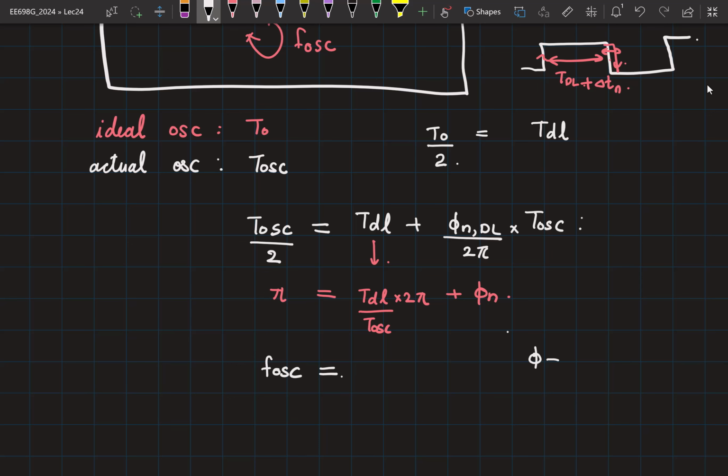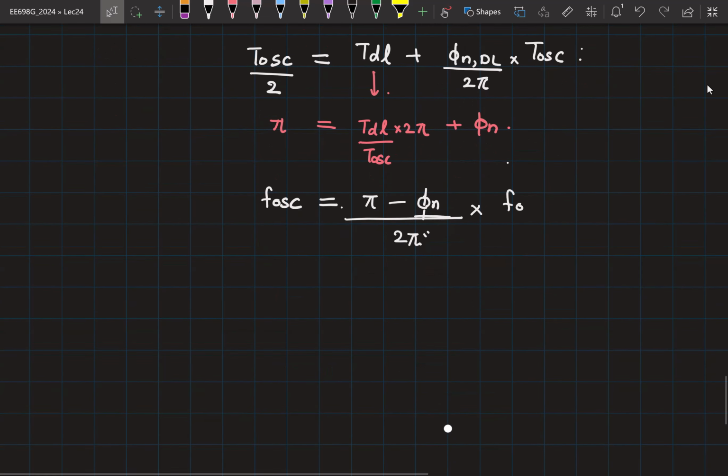Pi minus phi n by... So let me rewrite it a little bit. This will be equal to F naught. Is there 2 pi here? You should get F naught by... minus F naught into phi n by pi.